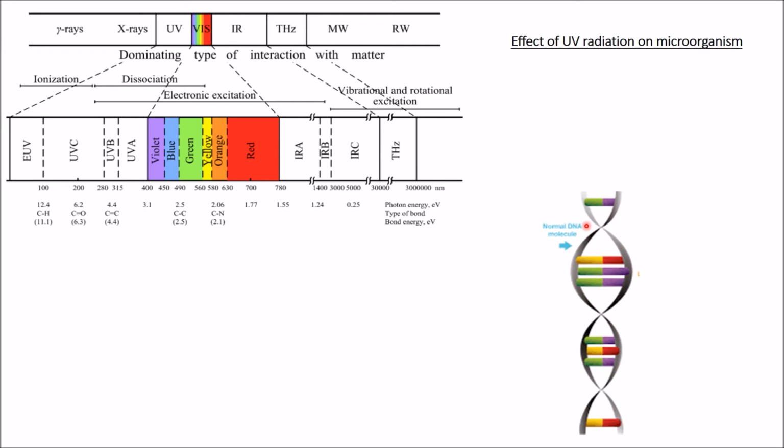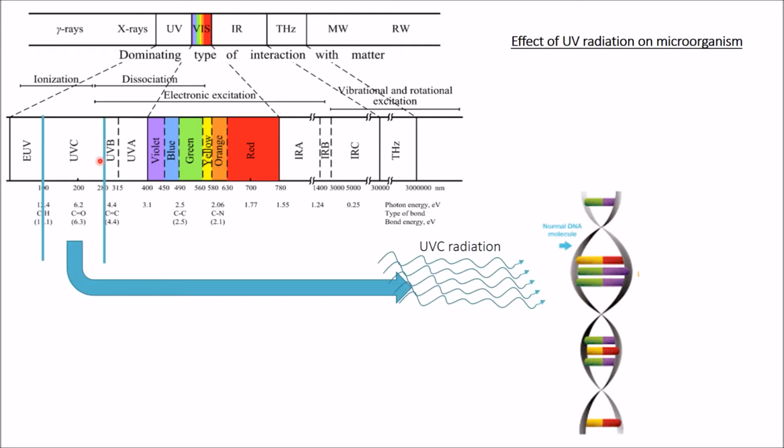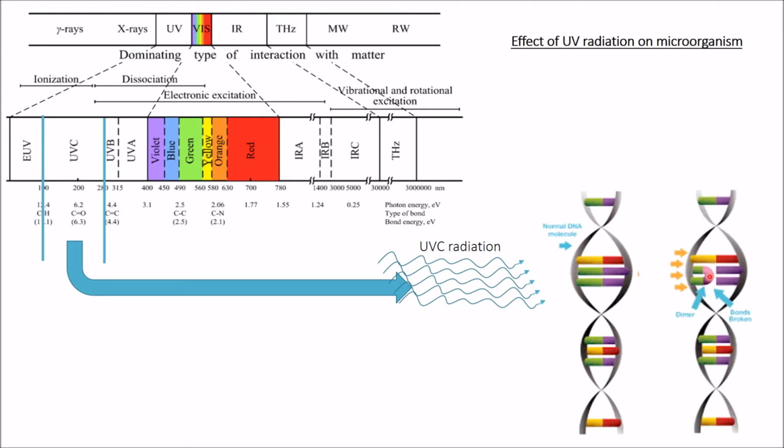When this UVC radiation falls on this DNA, which is made up of four bases, adenine, guanine, thymine, and cytosine, these four colors represent those four bases. When ultraviolet radiation falls on them, it interacts with the thymine and makes a dimer here, and basically it breaks it and makes another compound here.